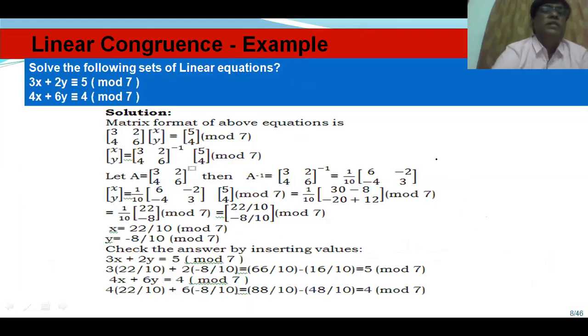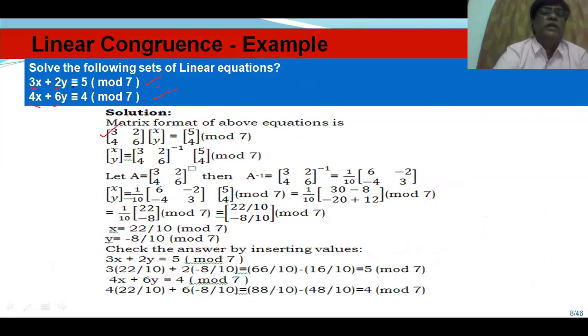Example: consider these 2 equations. You have given 3x plus 2y is equal to 5 and 4x plus 6y is equal to 4 mod 7. This is important. Rewrite these into matrix format. What are the coefficients? 3, 2, 4, 6. So this is one matrix.